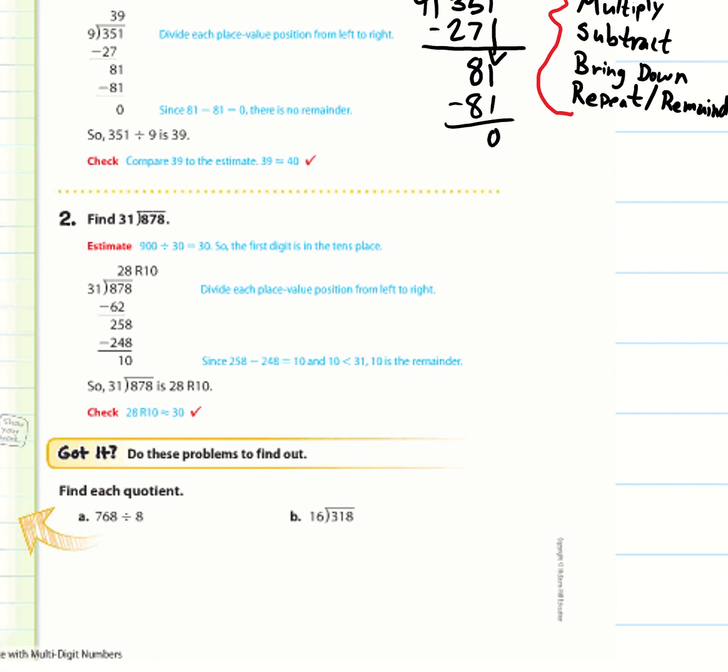So we're going to do the same thing with example 2. We have 31 as our divisor and 878. To say this out loud, this is 878 divided by 31. 31 cannot go into 8, so I can put a 0 there. 31 can go into 87 2 times.